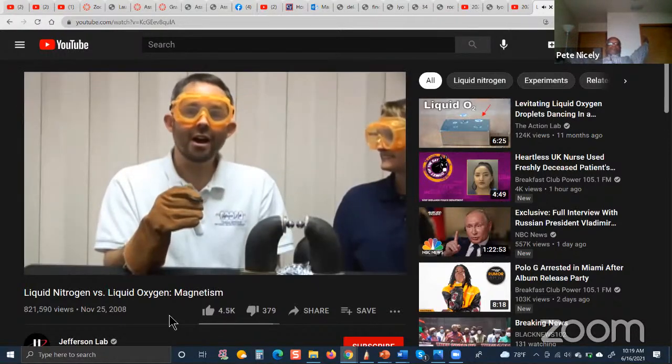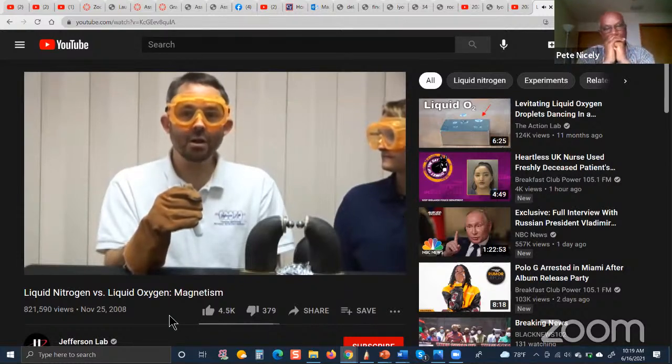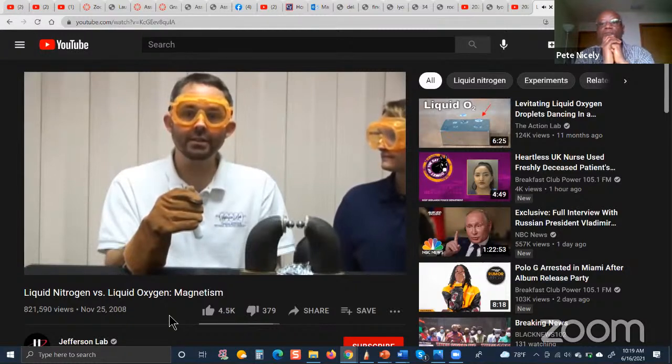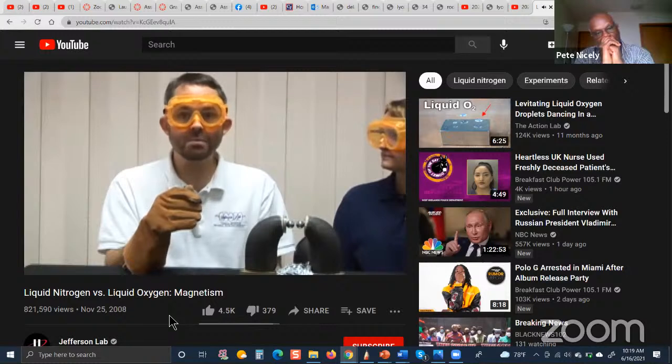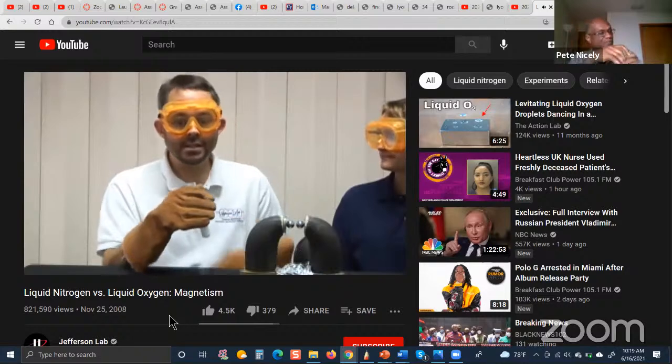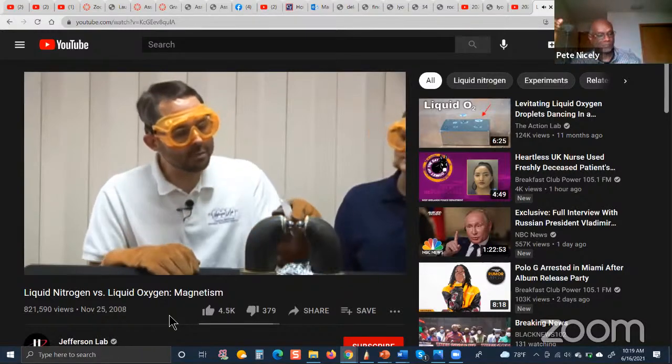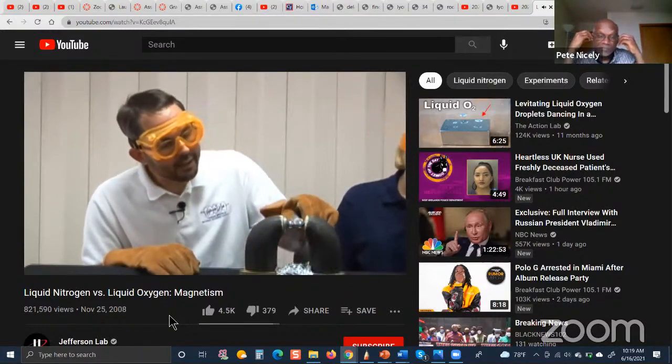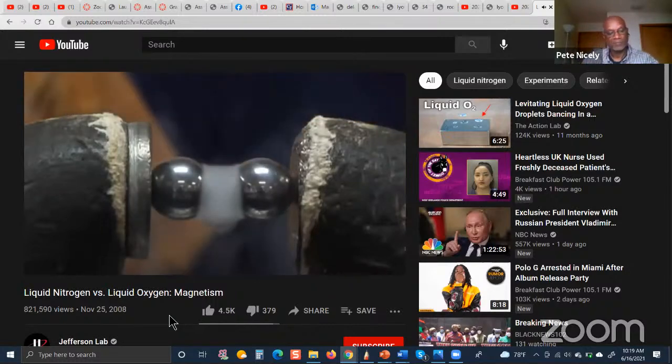Just like nitrogen, oxygen isn't normally magnetic. And just like nitrogen, each molecule of oxygen behaves like a tiny magnet when it's exposed to a magnet's magnetic field. Oxygen behaves differently than nitrogen, though. The way oxygen behaves is called paramagnetism. That's a fancy way of saying that each molecule of oxygen is attracted to a magnet's magnetic field. So when I pour the liquid oxygen between the poles of the magnet, it sticks.